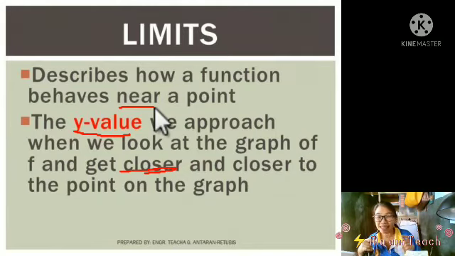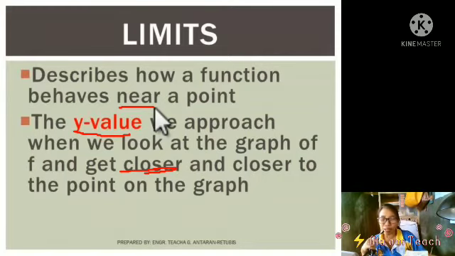That is the limit. Again, a limit is what value of y is there if you are approaching that certain point. So it describes how your function behaves if it is getting near that point.